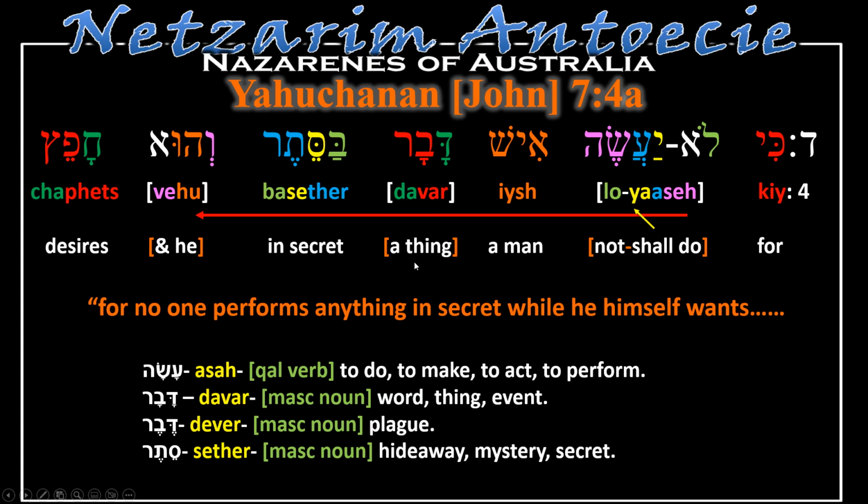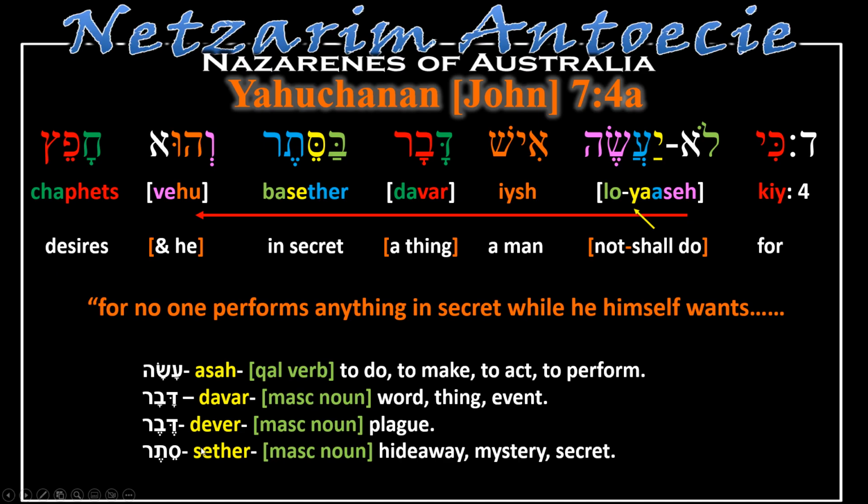So in this case, we can say a thing. Ba-seter, in secret. Again, the bet is in ba-seter, which I've got down there. Seter, masculine noun, meaning hideaway, mystery, secret. So in secret, and he chafetz, desires, and he desires.